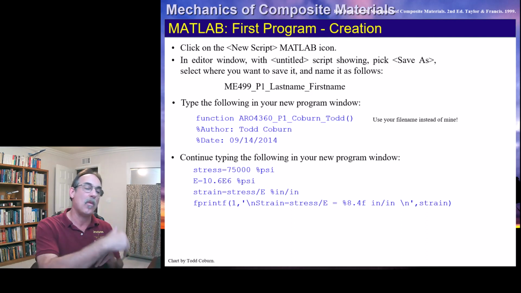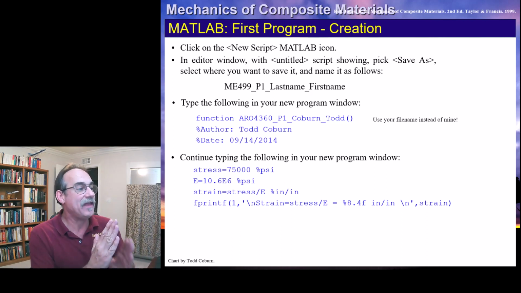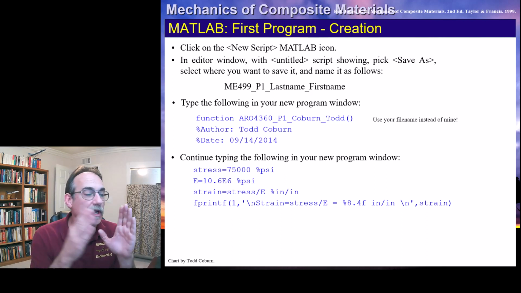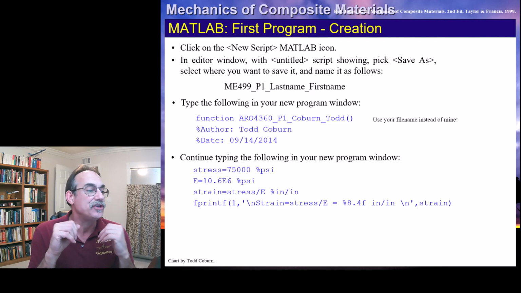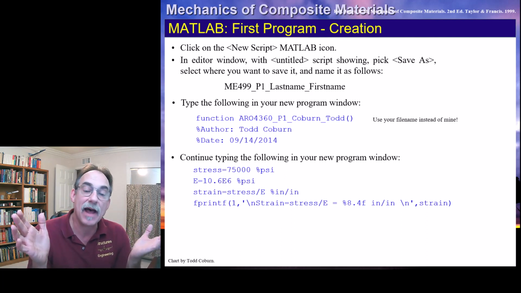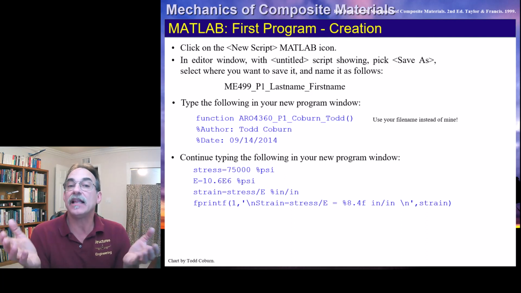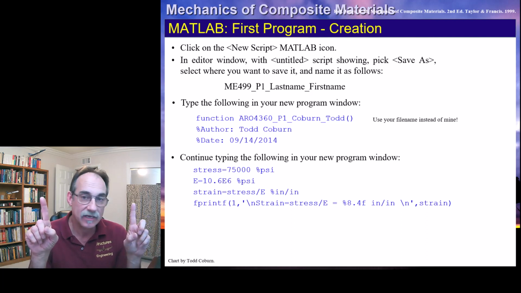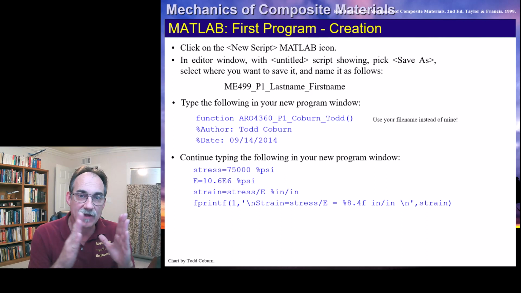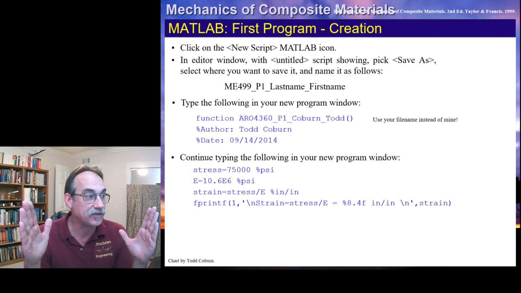Right now, we'll just give it 1, comma, and then between single quotes, we're going to put everything we want to say. Like we want it to say, the strain is equal to stress divided by E. This is telling the user what it is we're doing. So these single quotes define the string that it's going to print to the screen.